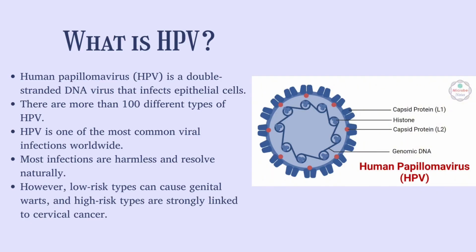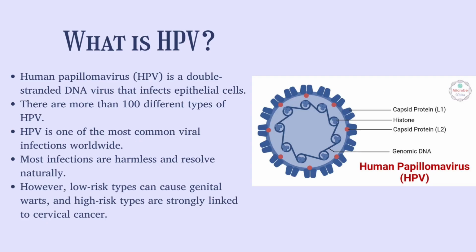We can also have a look at the structure of HPV. HPV is a non-enveloped virus, meaning it does not have a lipid membrane surrounding it. The outer shell is called the capsid. The major capsid protein is called L1, which assembles together to form the main structural framework of the virus.